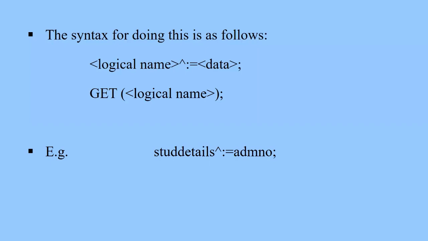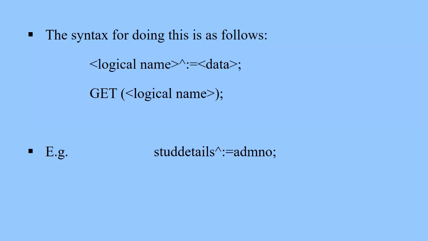For example, student details, pointer to admission number. So student details is our pointer to our file, and it points to the admission number.